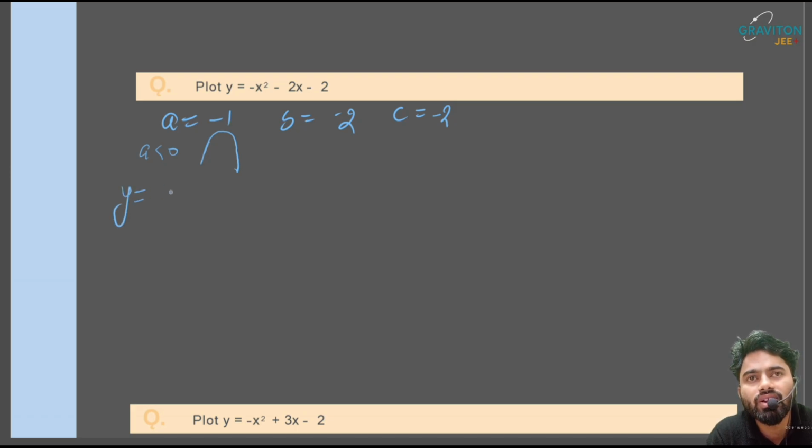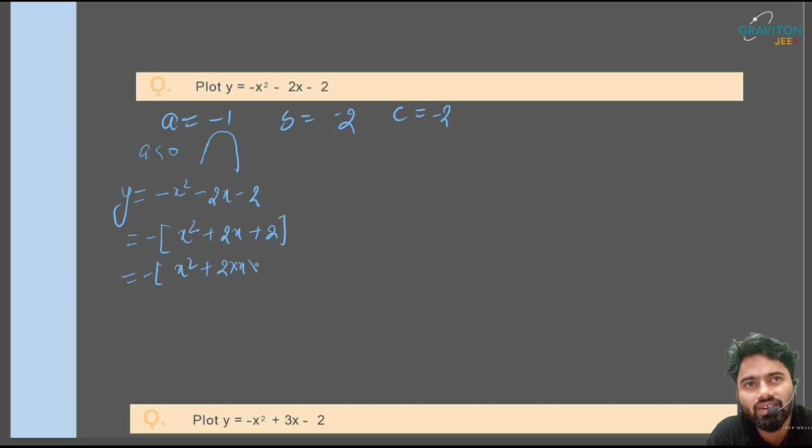Now if you want to do calculation to know where the vertex of the parabola is, take minus x common: x square plus 2x plus 2. Now rearrange x square plus 2x into (x plus 1) whole square minus 1 square plus 2.